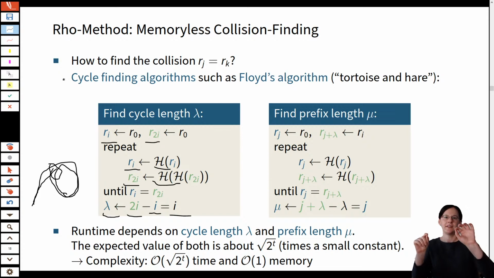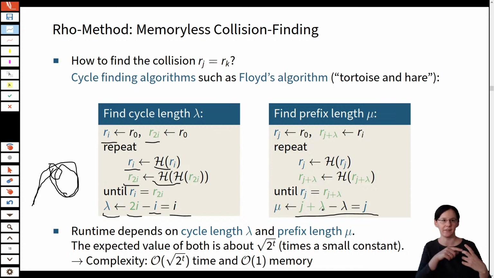And by the time they meet, one of the two has walked exactly the tail length, and the other one has walked the cycle length plus what's missing, and what's missing is exactly the tail length. So this means that the distance between the two walkers after this second experiment is going to be exactly the tail length. Because when they meet, one of them has walked tail length many steps and one of them cycle length plus tail length many.